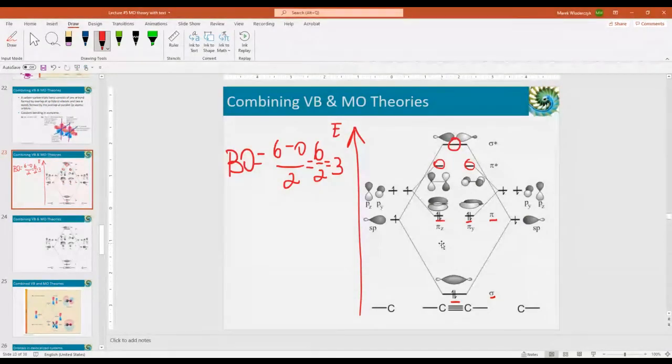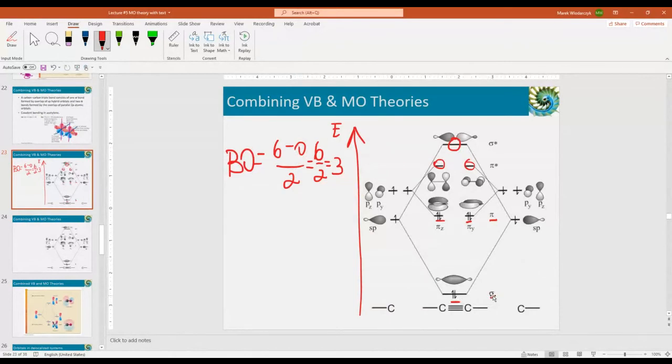Yes, Chantel? So back to the bond order formula. Does the order of the numbers of electrons matter? Like, how do you know that 6 would go first compared to 0? Well, these 6 are on bonding orbitals, so electrons in the bonding orbitals, and the 0 here is electrons in antibonding orbitals.